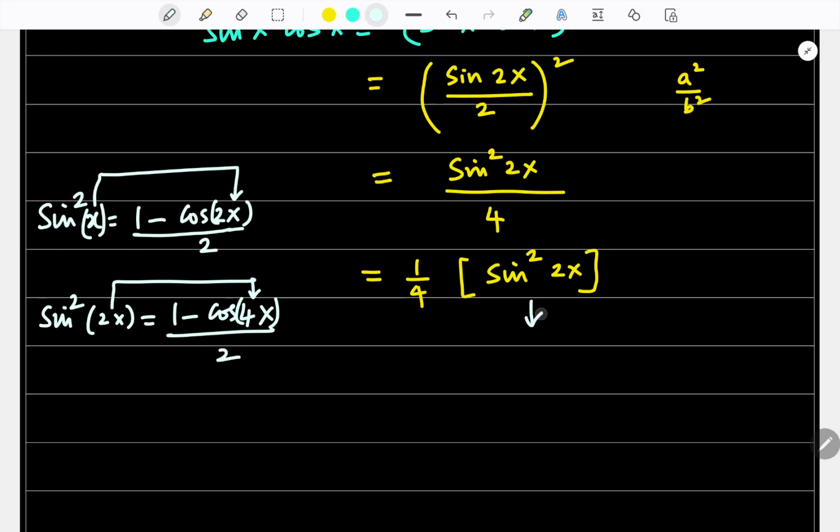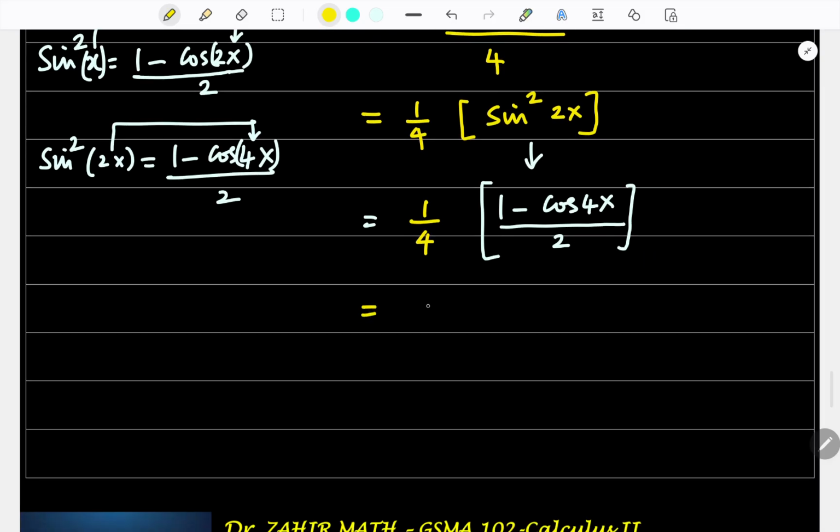So this will become (1 minus cos 4x) divided by 2. Open the brackets, and here it is 1 over 4. Right? So this becomes 1 over 8 times (1 minus cos 4x).